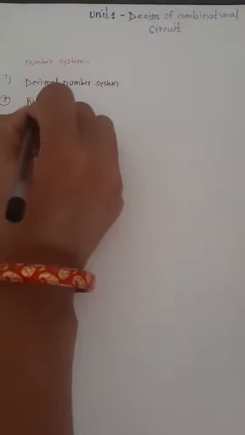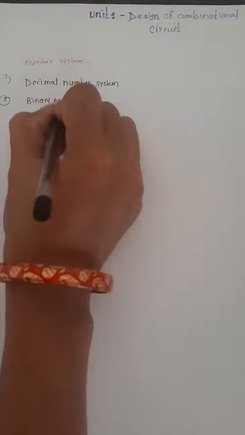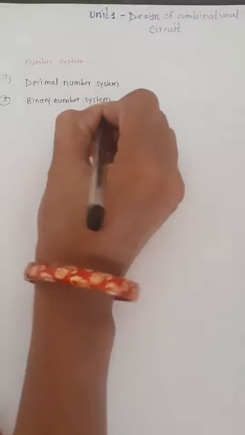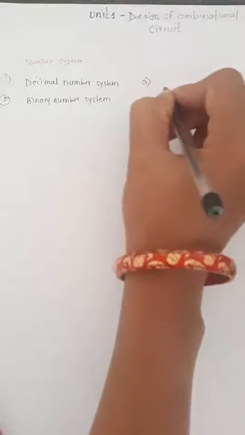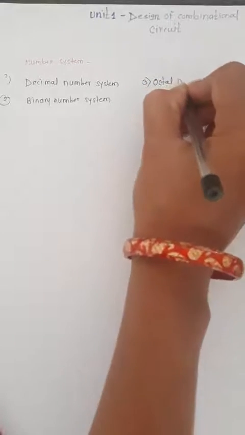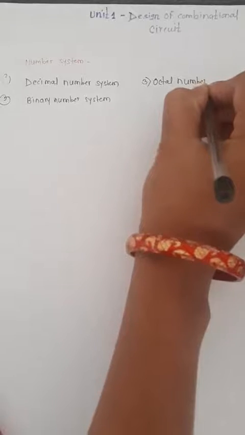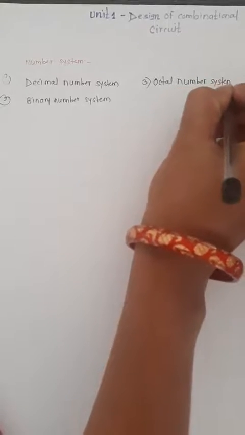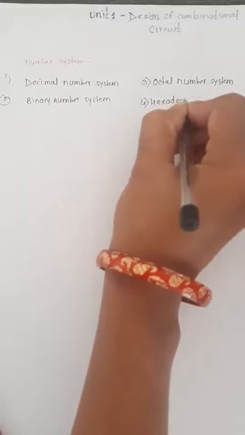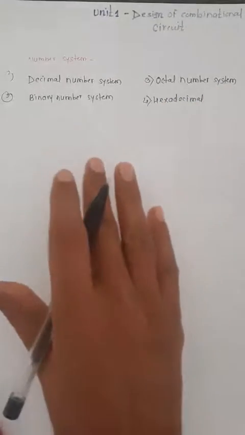Second one, binary number system. Third one, octal number system. And fourth one, hexadecimal number system. In previous lecture, we have seen the representation of these various number systems.